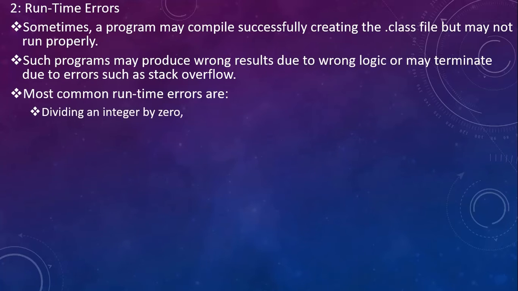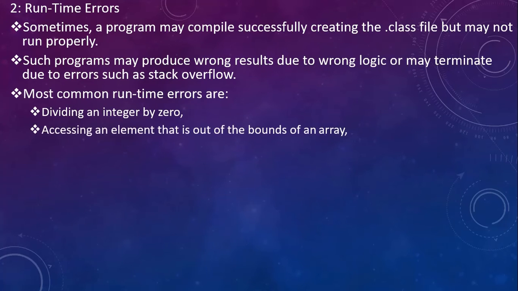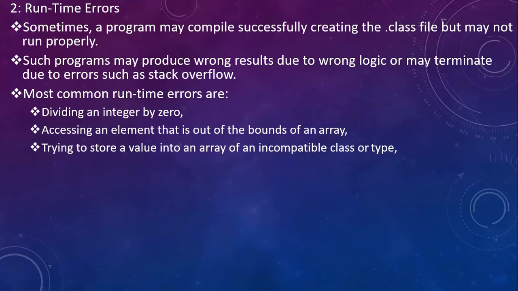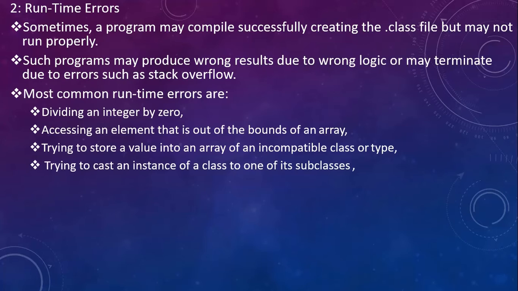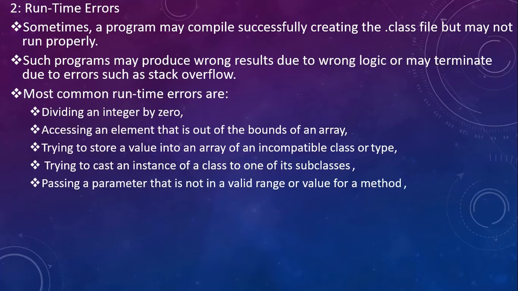Dividing an integer by 0. Accessing an element that is out of bounds of a given array. Trying to store a value into an array of an incompatible class or type. Trying to cast an instance of a class to one of its subclasses. Passing a parameter that is not in the valid range or value for a method.